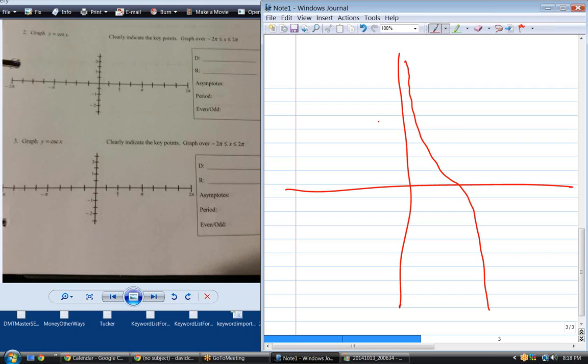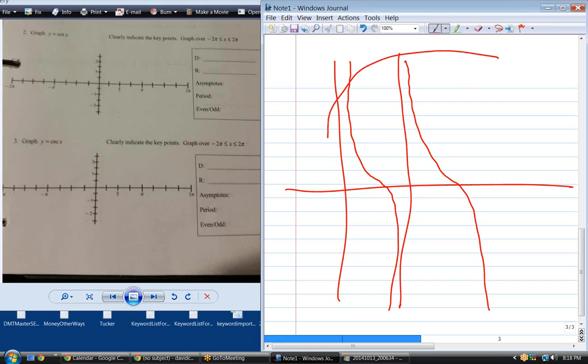I never realized this. Let's flip it over the y-axis first. And then flip that over the x-axis. It is odd. In other words, what I get when I do that is that. And that's what it looks like, it just repeats. In other words, that is symmetrical about the origin, which makes it odd.